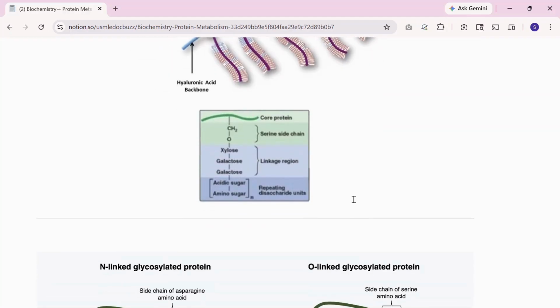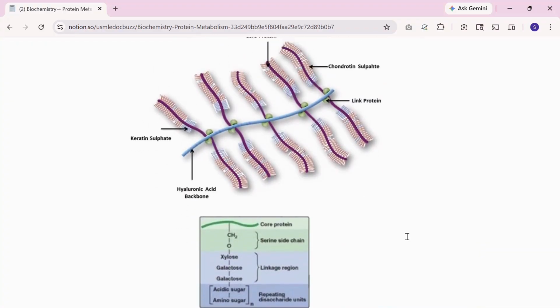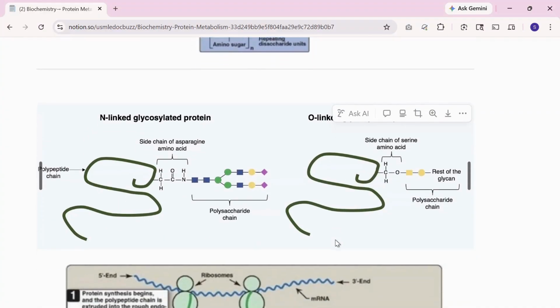For example, if this was the core protein, then you have all these different linkages going from inside to out, right? This is what they're talking about. Serine, protein, side chains, linkages of xylose, galactose, and then eventually the amino acid sugar that we talked about, right? So basically, repeated chains of these, right? That's what we made here. That is a proteoglycan.